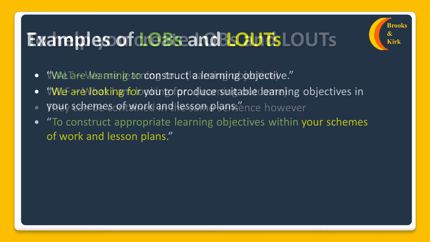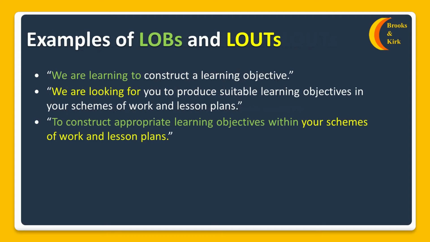Let me give you some examples. Now, green is a LO, so learning objective. The yellow is a learning outcome. So for today, we are learning to construct a learning objective. Nice and basic, that one. Now, the outcome, we are looking for you to produce suitable learning objectives in your schemes of work and lesson plans.